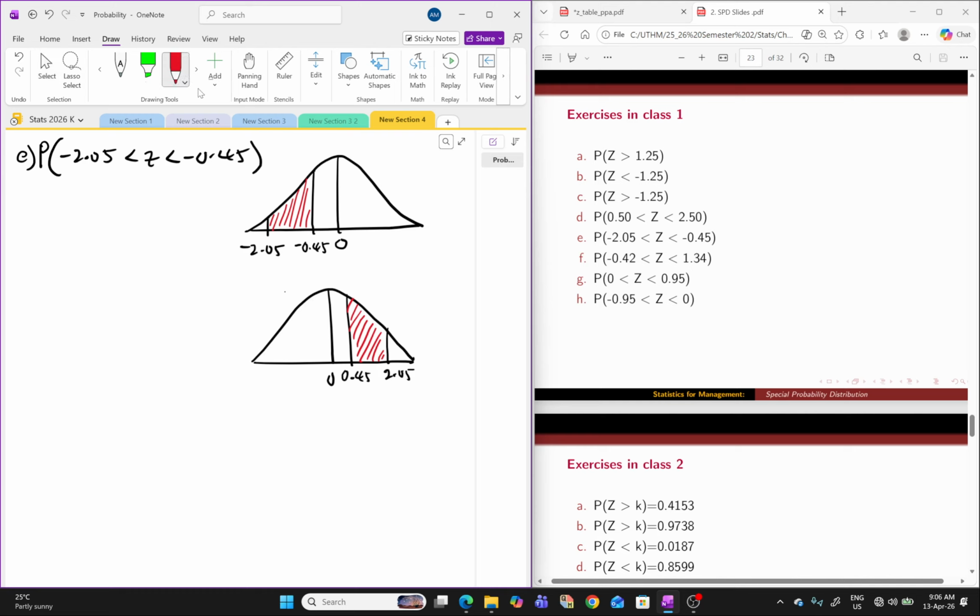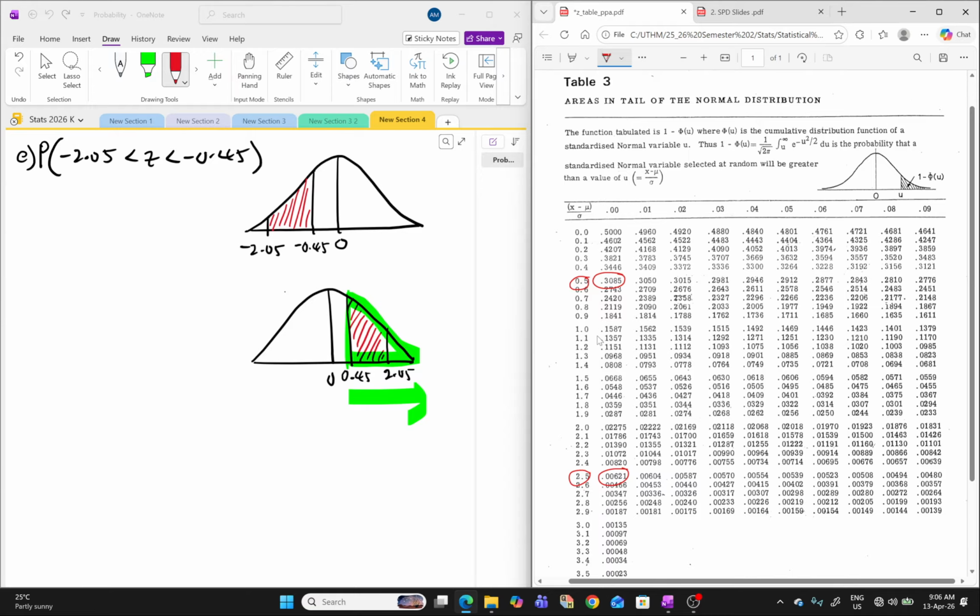First of all, what you do here is find this whole area from 0.45. 0.4 is here and 5 is here, this one.